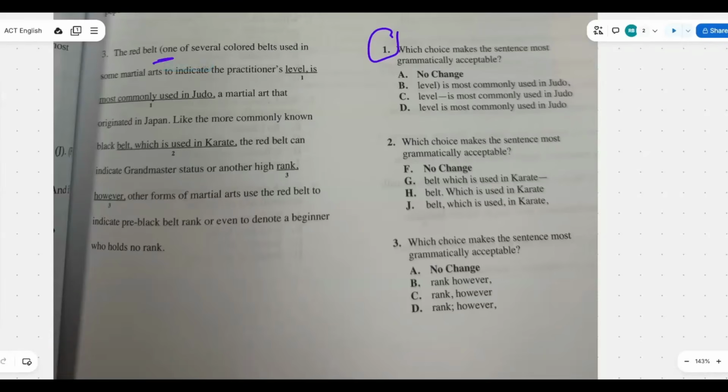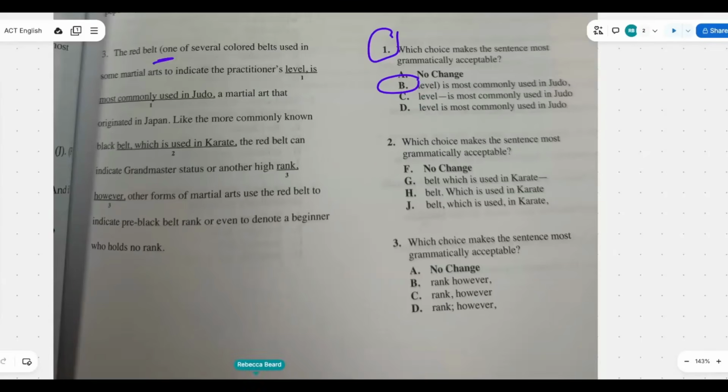"The red belt, one of the several color belts used in martial arts level," and I don't have to think that much more on this one because I need to close the parentheses. Most of you guys do know that. You can't just leave it hanging. And on a side note, as you read it, that information is non-essential. It's not helpful. So the answer on number 1 is going to be B.